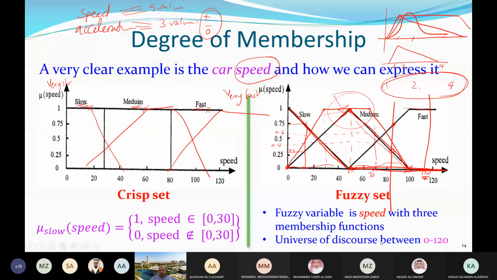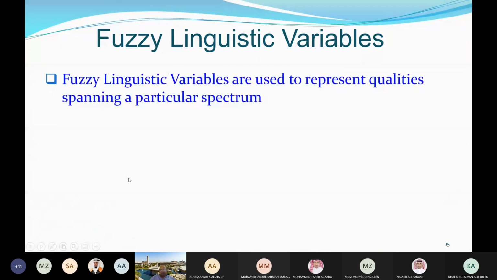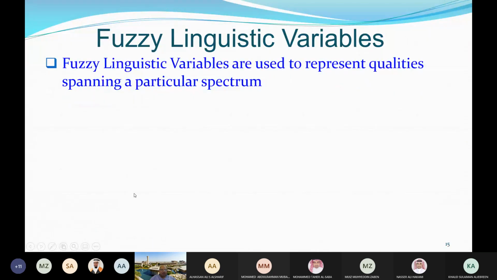The universe of discourse here is a continuous variable. The speed can take any real value. Sometimes we have the universe of discourse discrete, as we will see in the next slides.